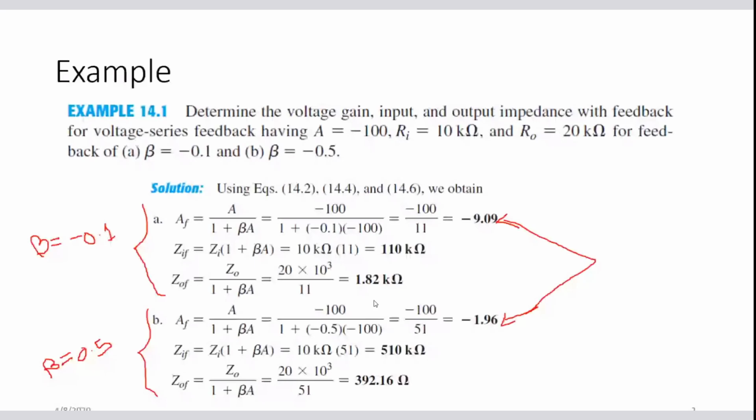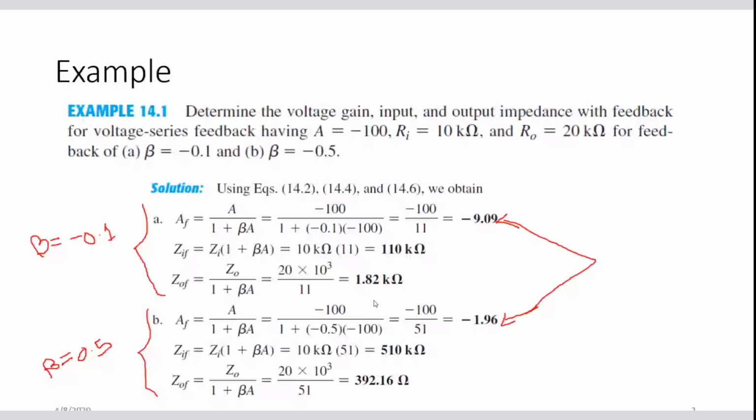When you compare the values, if I am feeding back only 10% of my output, then I have a reasonable gain. That means from minus 100, I am going down to almost minus 10 only. Actual gain is minus 100, but after introducing the feedback of 10%, your gain is now reduced to minus 9.